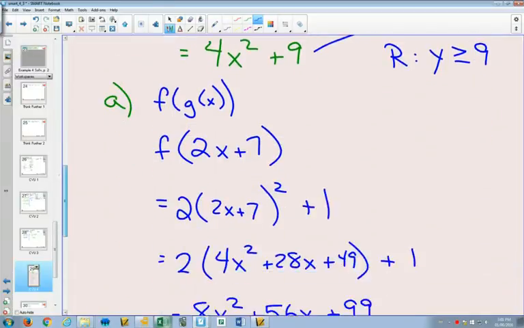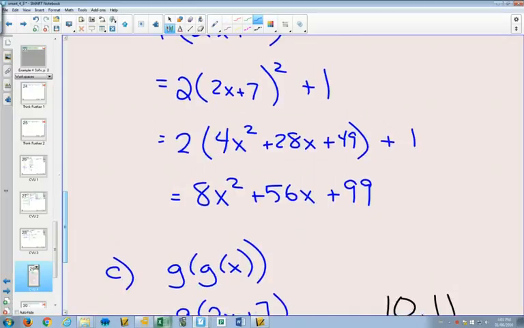For our second one, it's another parabola. So what's the domain going to be? Everything is possible. As far as the range, you would have to know what the vertex is, right?